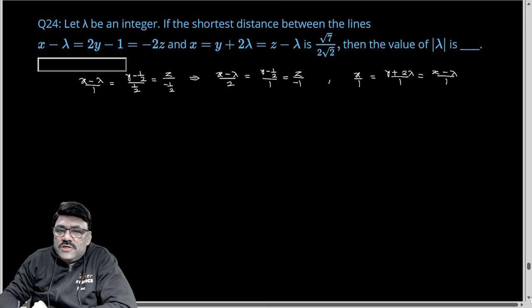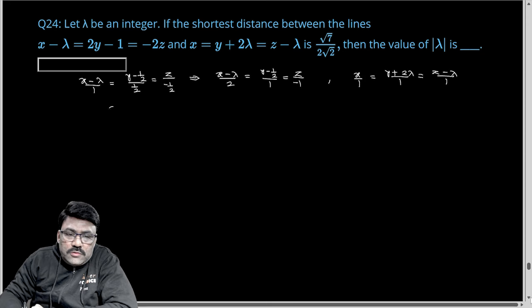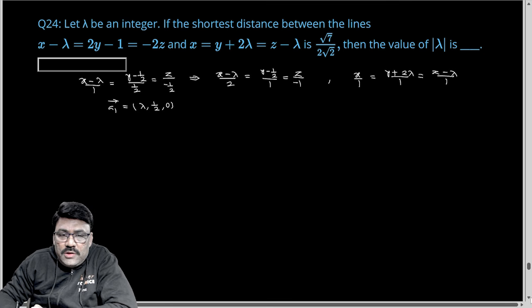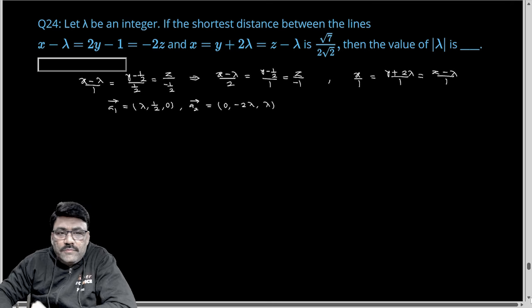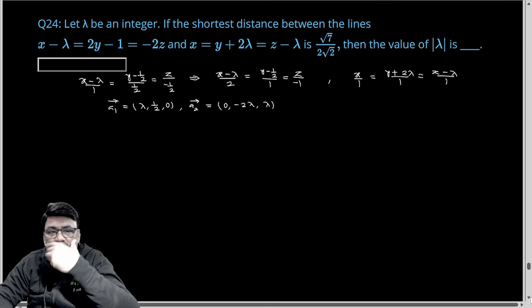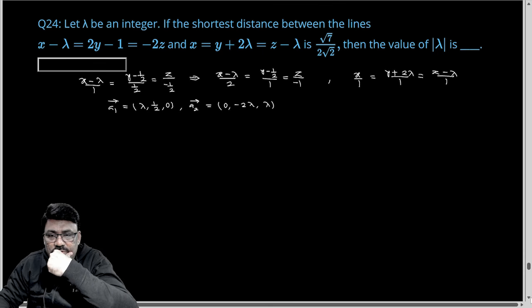Now I have to find the shortest distance between these two lines. So let's take A1. A1 is a point on the first line, which is (lambda, half, 0). A2 is a point on the second line, which is (0, minus 2 lambda, lambda).